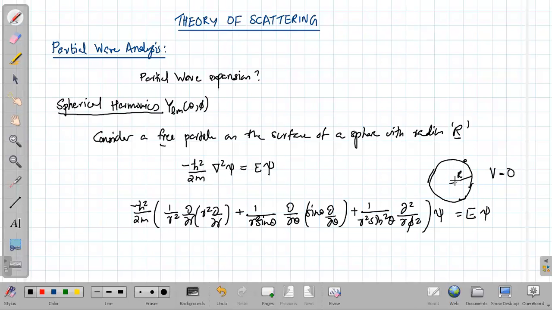Since the particle is lying on the surface, there will not be any variation of psi with radius, so dou by dou r of psi would be 0. That means psi would be only a function of theta and phi.